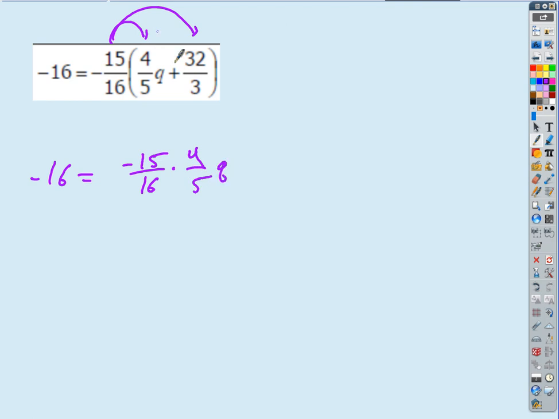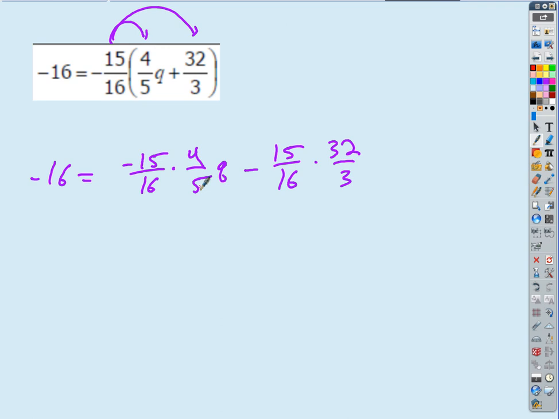And if I distribute over here, I'm going to get a negative times a positive is what? Negative. And I'm going to get 15/16 times 32/3. So when I distribute, look at all the good stuff that happens.